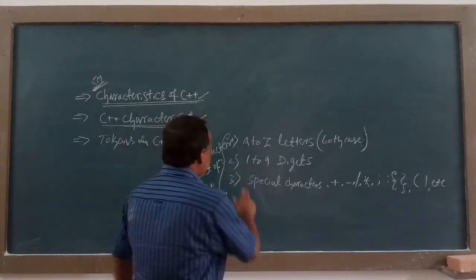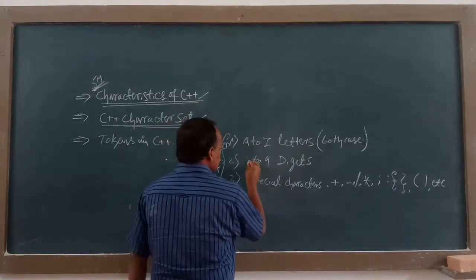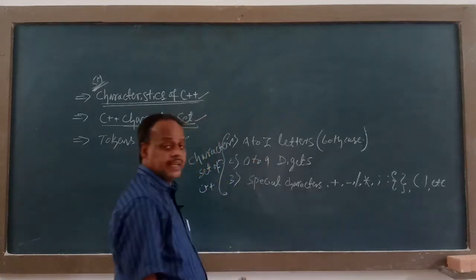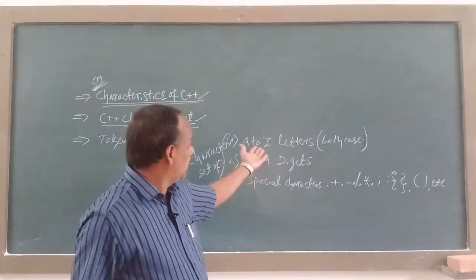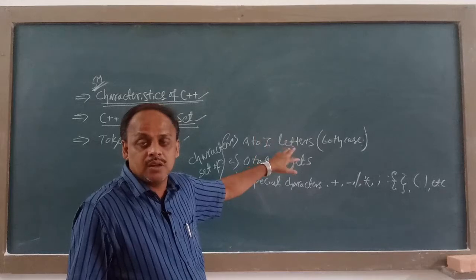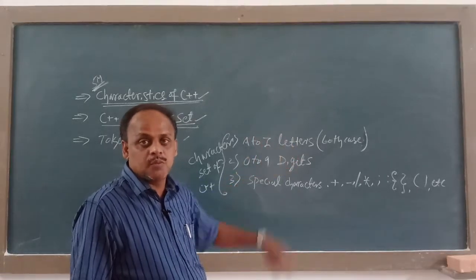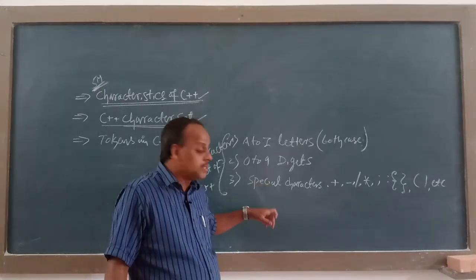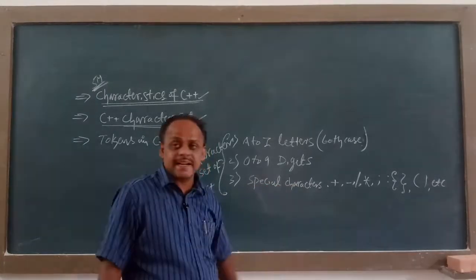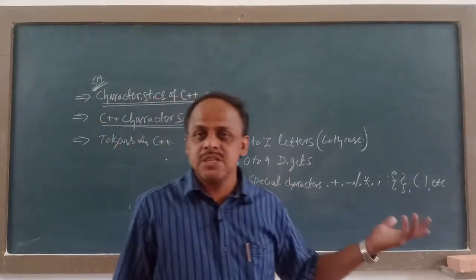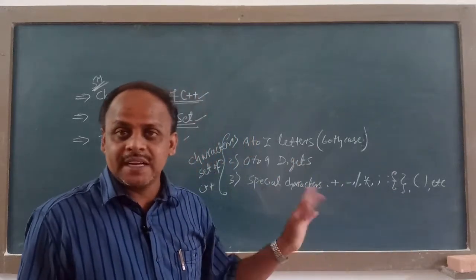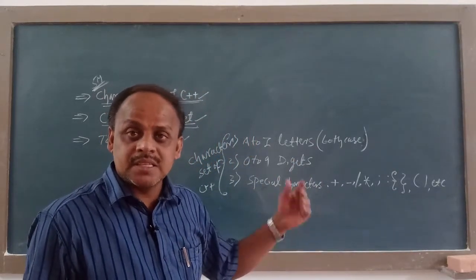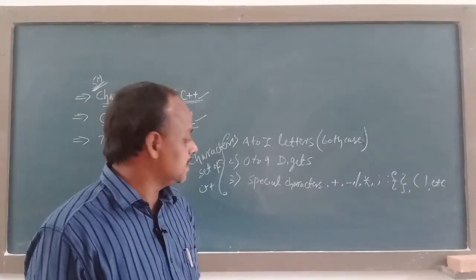Sorry, 0 to 9 digits, not 1 to 0. A to Z letters may be capital A to capital Z or small a to small z. C++ also recognizes special characters such as plus, minus, division, subtraction, open flower bracket, closed flower bracket, comma, semicolon, colon, etc.